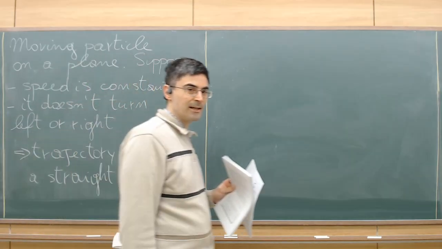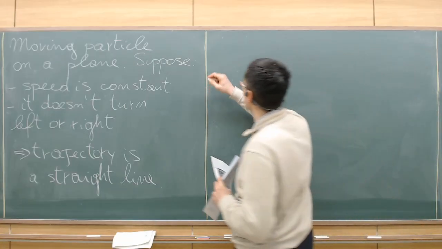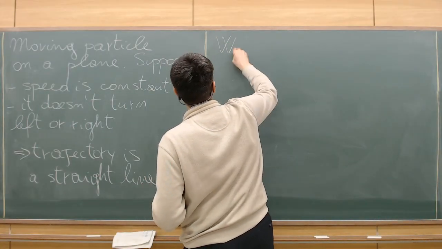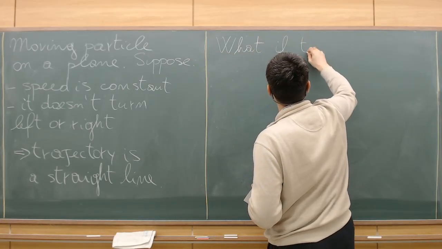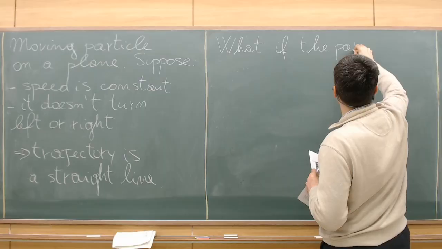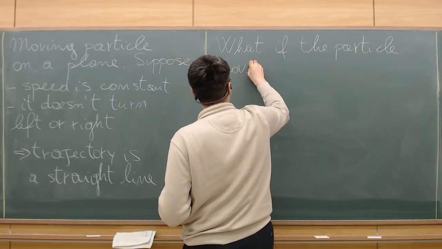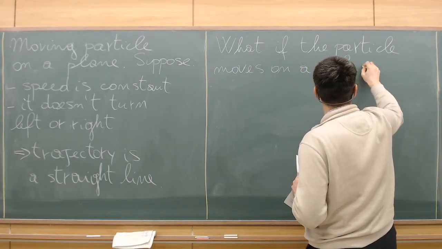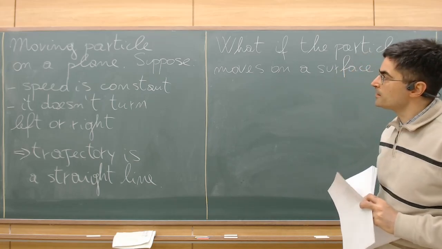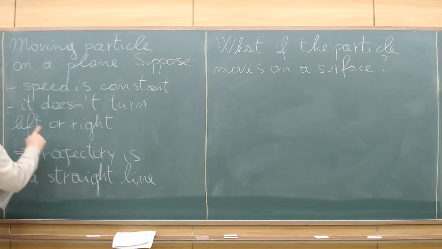Now let's ask ourselves what is the trajectory of a moving particle, not on a plane, but if we consider a surface. We always assume that the speed is constant and that the particle does not turn left or right.